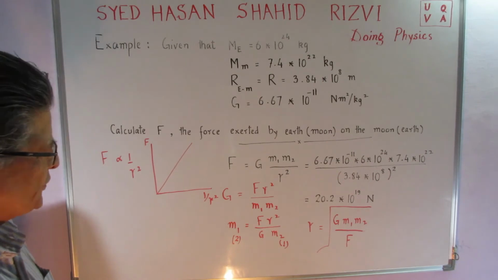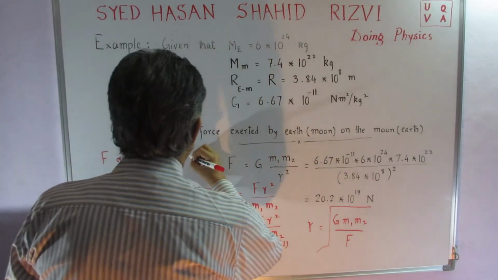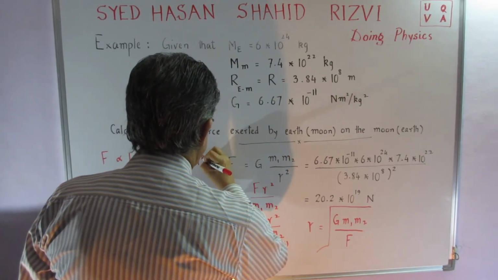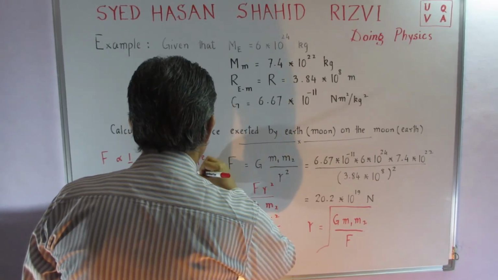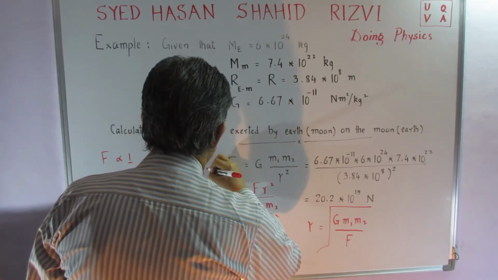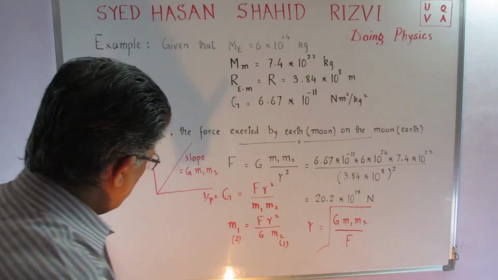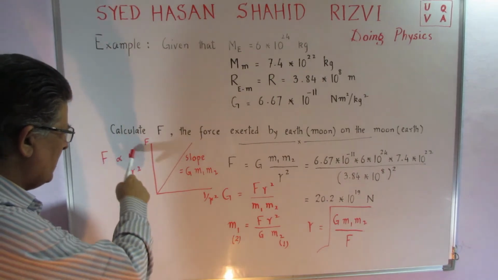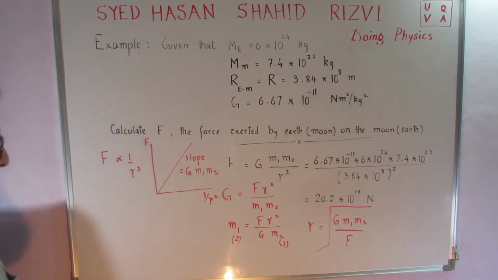The slope in that case will be equal to capital G m1 m2, because here force is directly proportional to 1 upon r squared. So Y is proportional to X, and that is a linear curve.